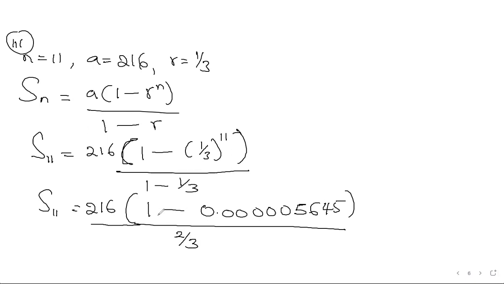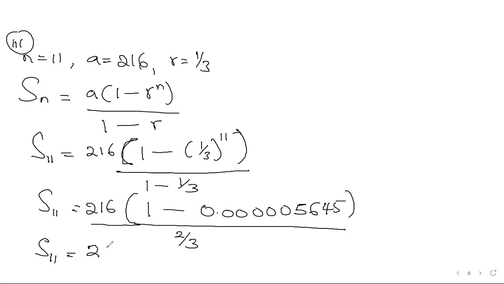Then 1 minus that is 0.999. Then multiply by 216, that's 215.9. So S11 will be approximately 216 also, because we can approximate this as 1.